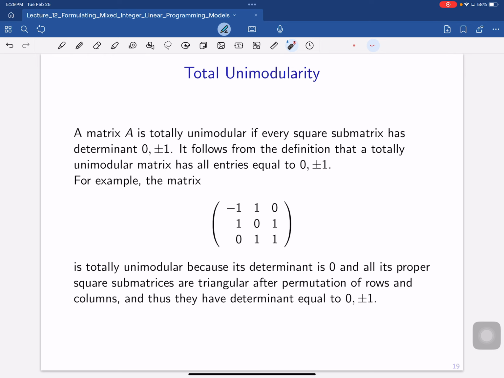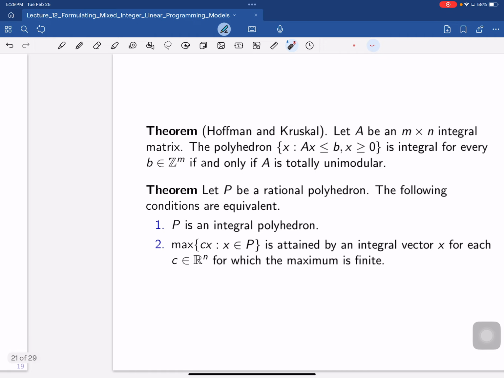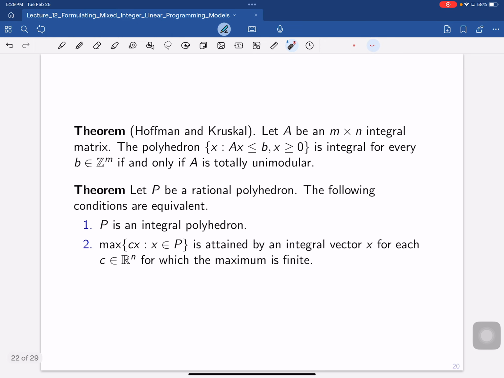Okay. Then again, I'm not going into the details of the proof. It says if you have an integer program where A is an m by n integral matrix, then the polyhedron is integral for every integer B if and only if A is totally unimodular.